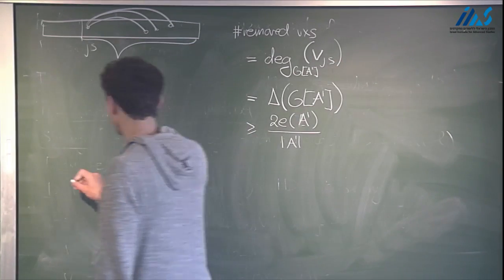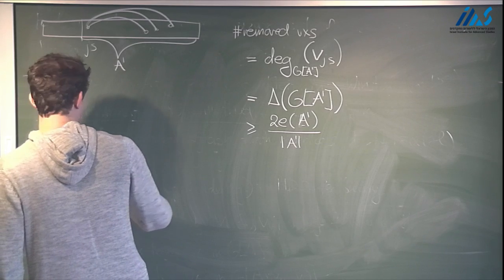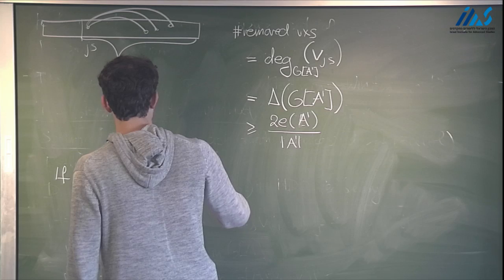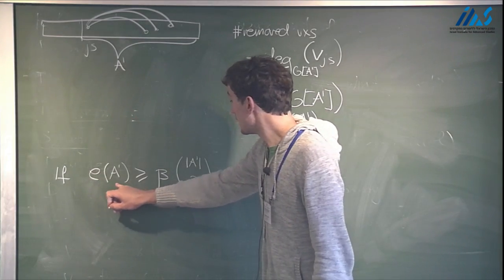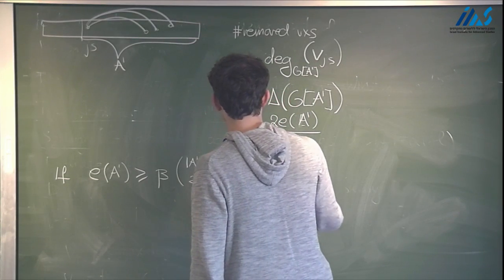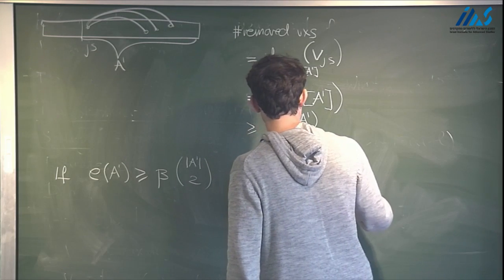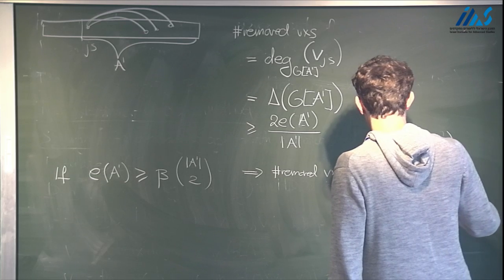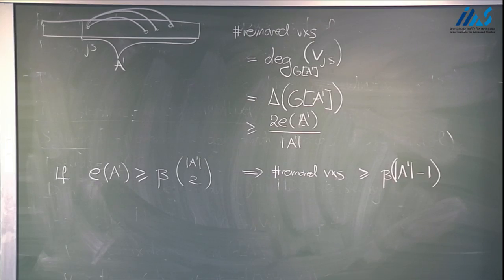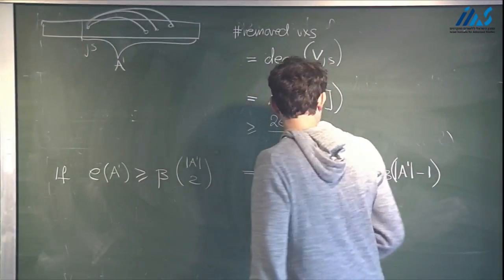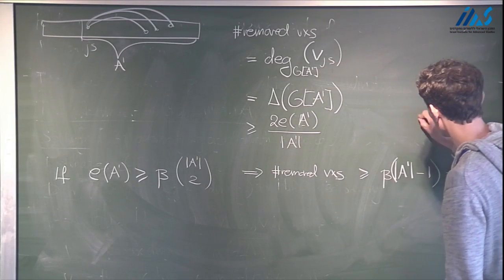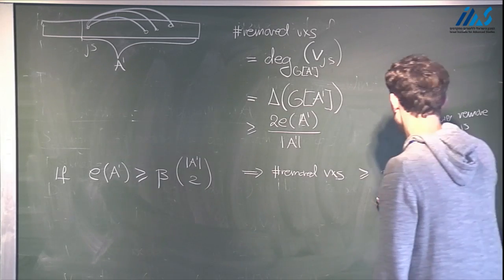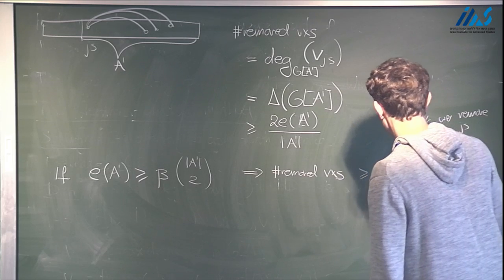Hence, if the number of edges in A prime is at least, say, beta times A prime choose 2, if this graph induced on A prime has density at least beta, then the number of removed vertices is at least beta times A prime minus 1. But we will also remove JS itself, so in fact I can add another one. This is because we remove JS as well. And this is at least beta times A prime.